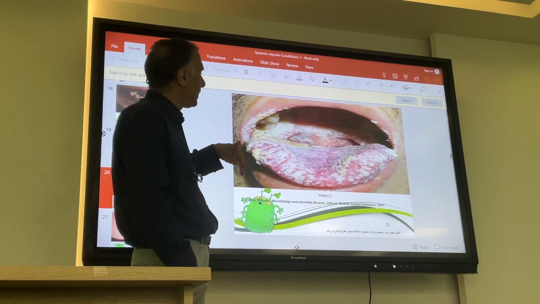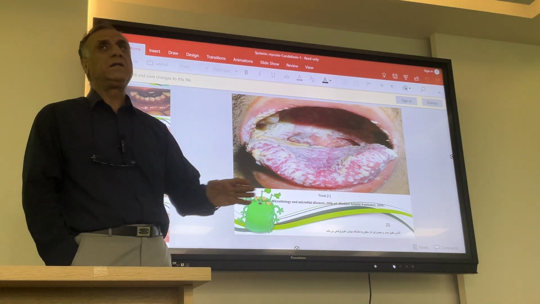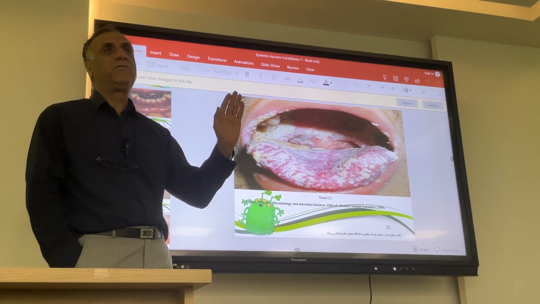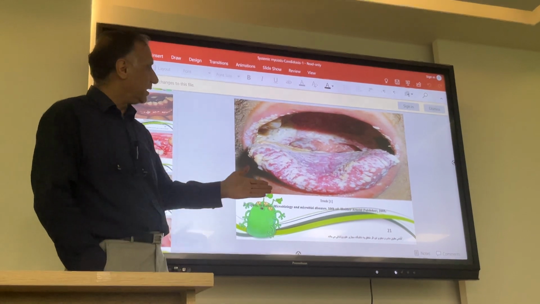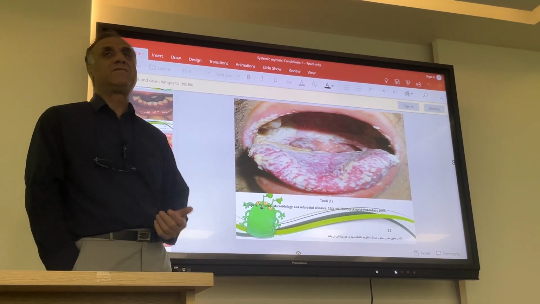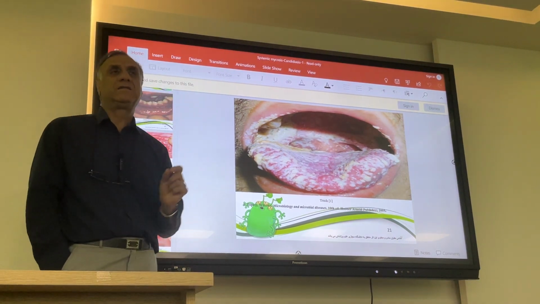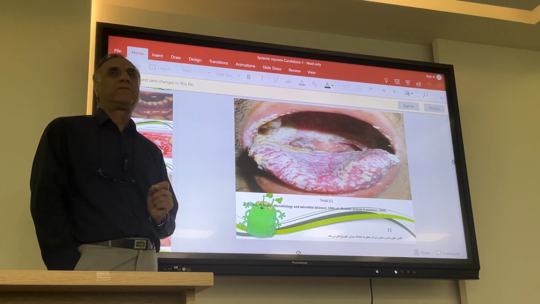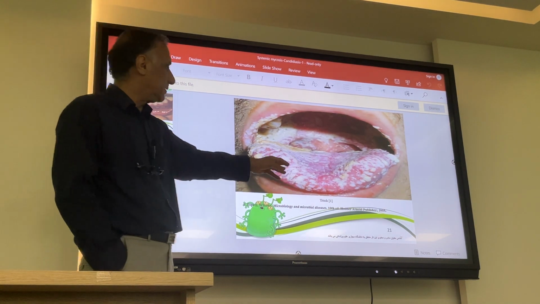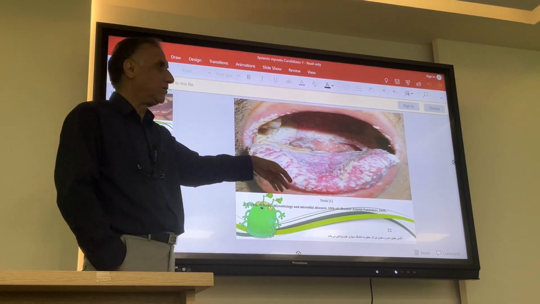Sometimes it is very long and chronic. It remains and the treatment is very difficult, especially in AIDS. You find this form of oral candidiasis.